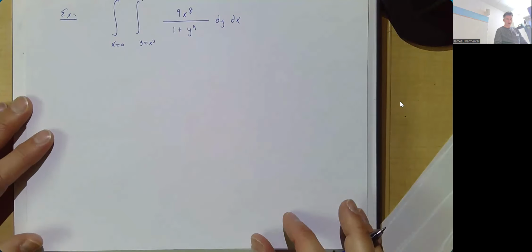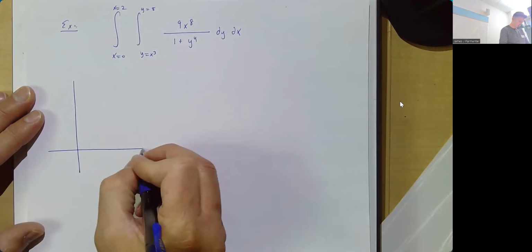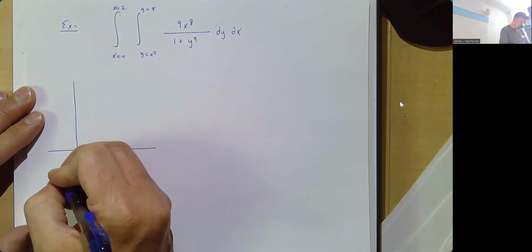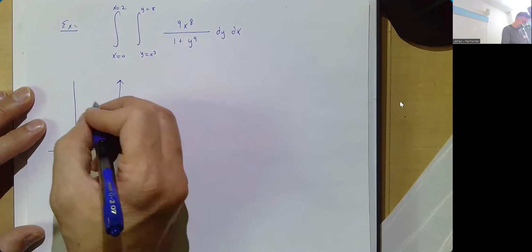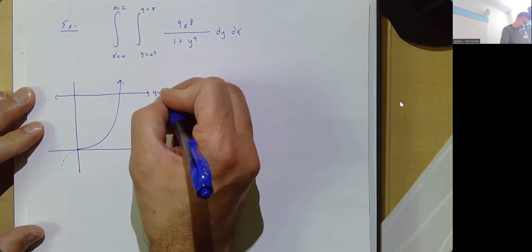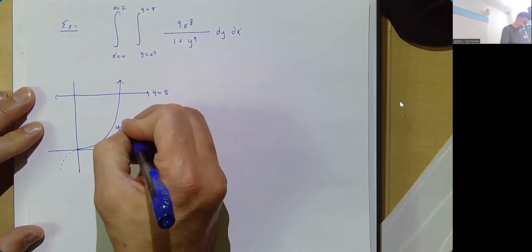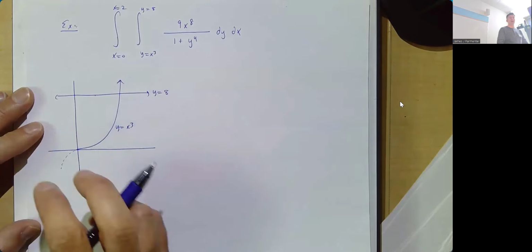So I'll even help you out. I'll draw the region. So our region is y equals x cubed to y equals 8. And then we're going from x equals, so this integral is written using what kind of strips?